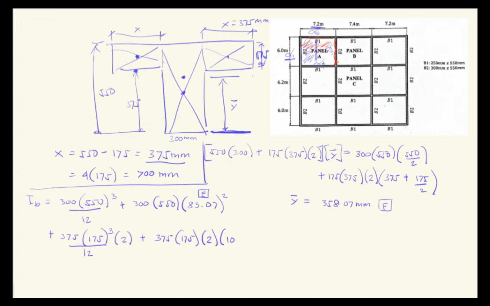That would give us 104.43 squared. Let's store this at memory D. So IB would be equal to this number for IB. Storing this at C.